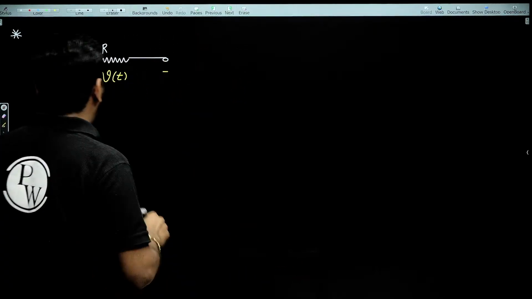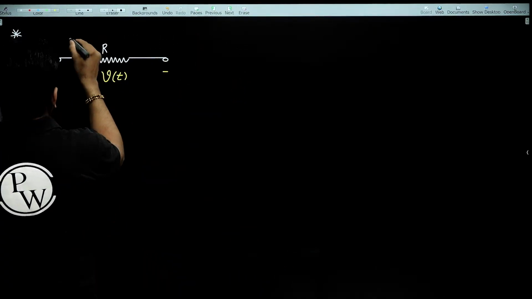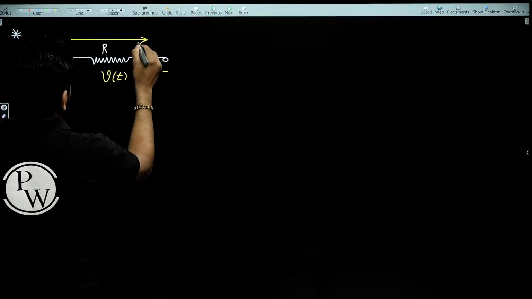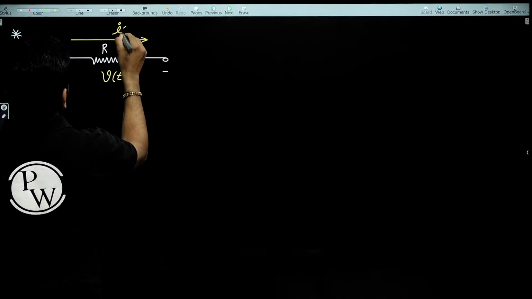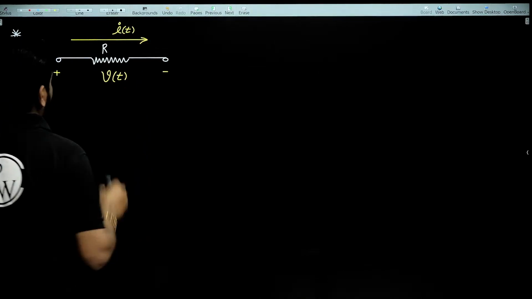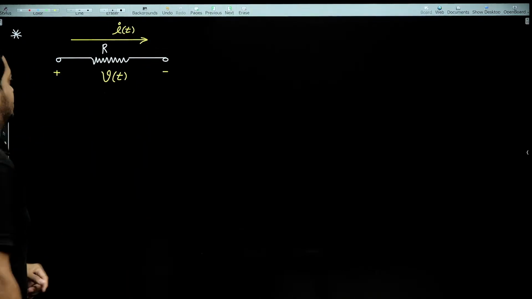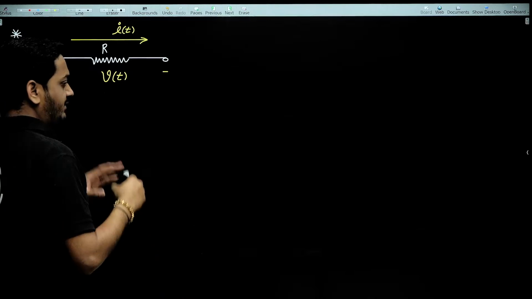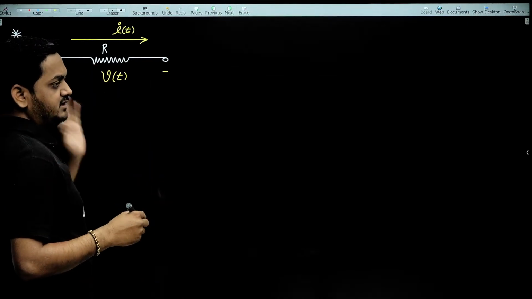Due to this voltage, current also flows from higher potential to lower potential. Let the variable current flowing through the resistor be I of t. It can be an inductor, a capacitor, a diode or a transistor; let us consider a general element.